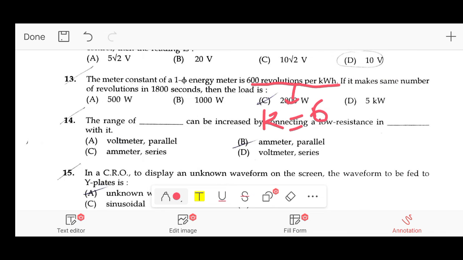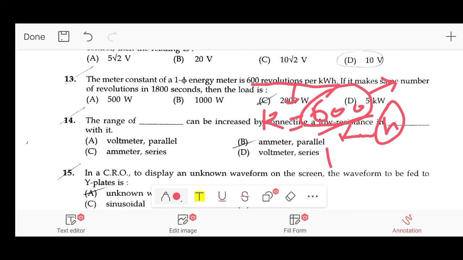In 1 hour, if it makes 600 revolutions, then the meter reads 1 kilowatt hour. 1 unit equals 1 kilowatt hour equals 1 unit of reading.